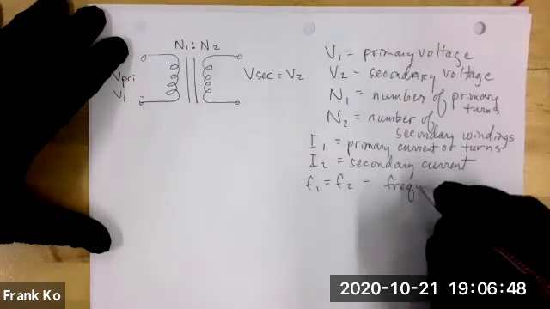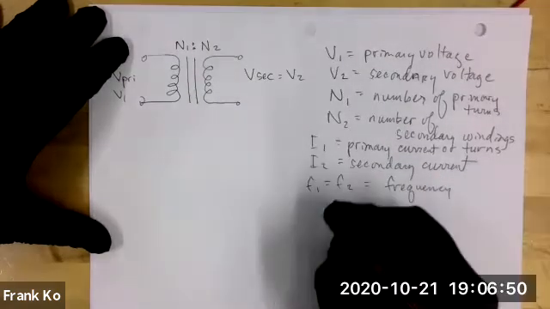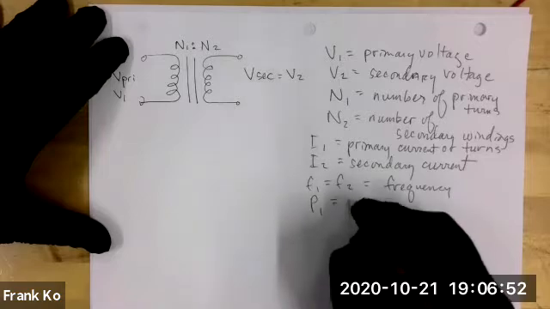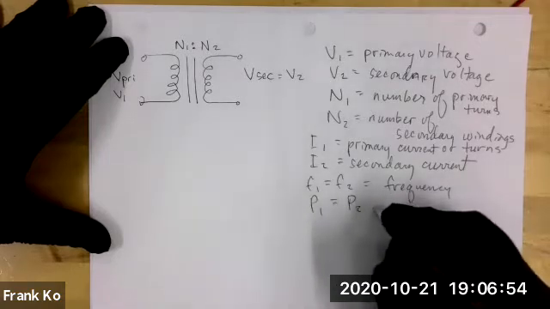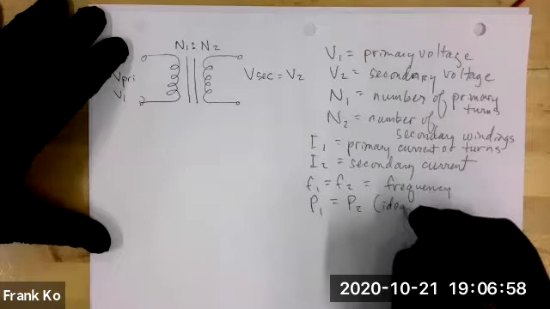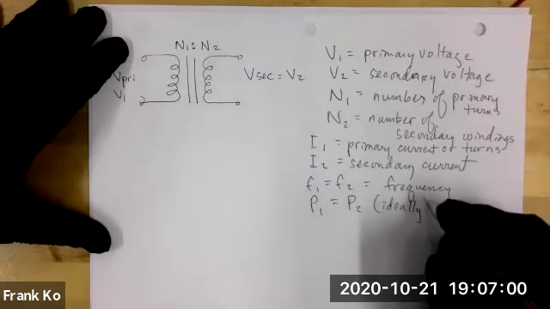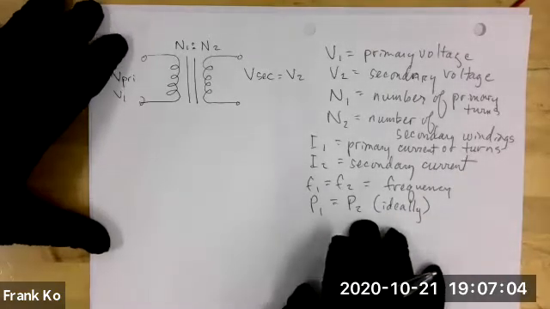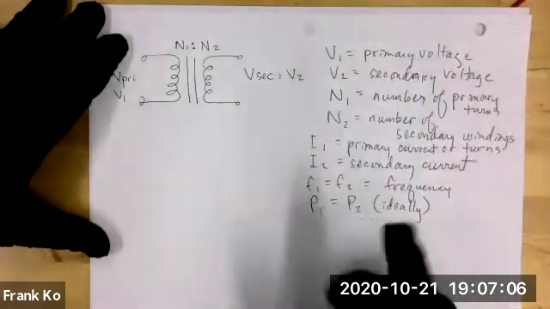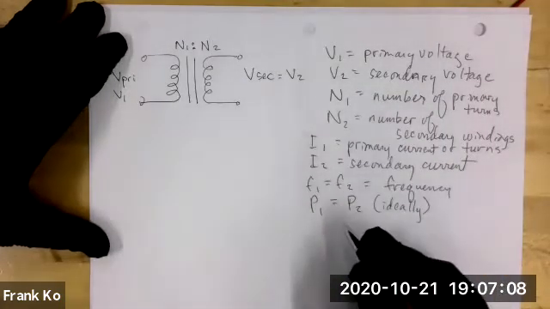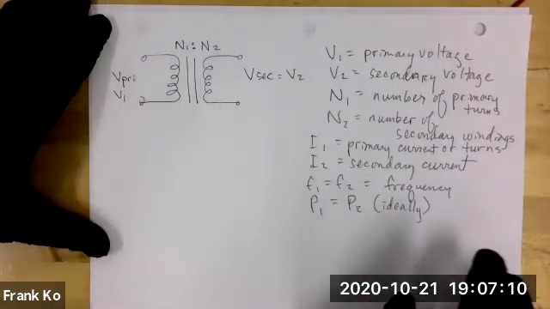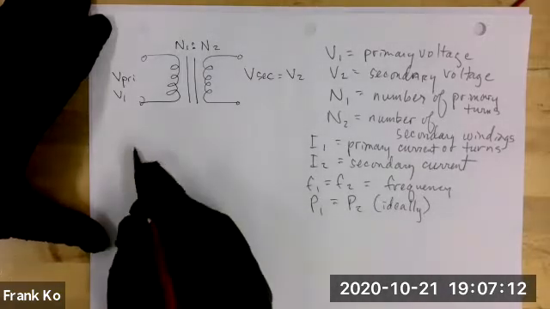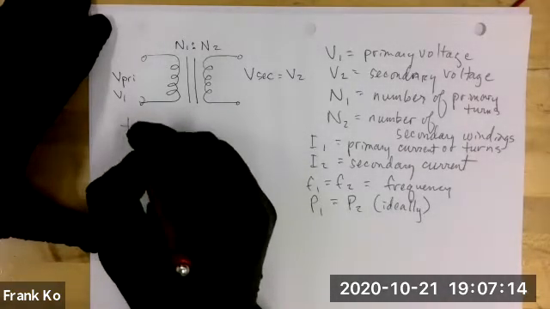They're going to be the same. That won't change. Then you have P1 equals P2, and this is ideally, meaning that the power of the primary will be equal to the power of the secondary. So these are all the different items that pertain to your transformer analysis.